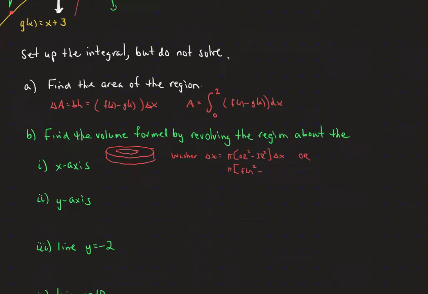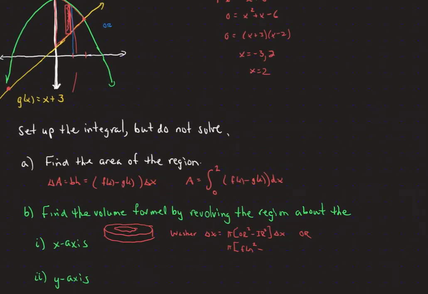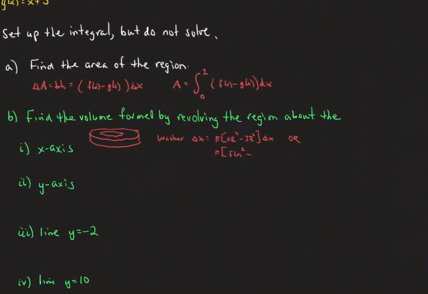And then the inside radius is going to be that distance from the axis of revolution to the edge of the hole. So that's going to be the top curve minus the bottom curve, and the top curve is our yellow linear one, the line, the g of x.